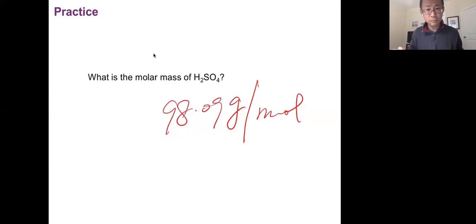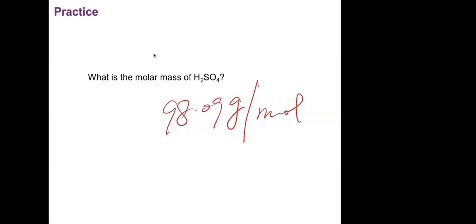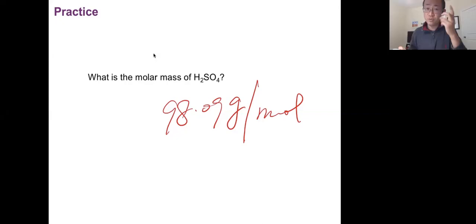Anybody needs help with how she got 98? This guy has 2 hydrogen, 1 sulfur, 4 oxygen. You add them together, you get 98. But again, that mass, 98, with AMU or not, is called the formula mass. Formula mass is from the formula H2SO4. But if we're asking molar mass, guys, if you miss this one, you got 0.